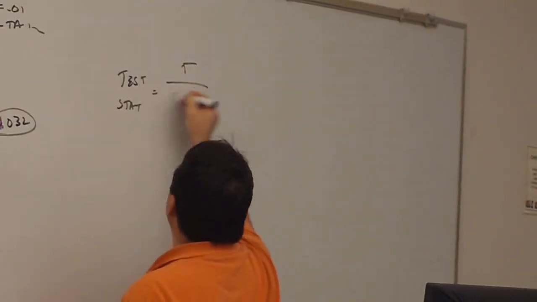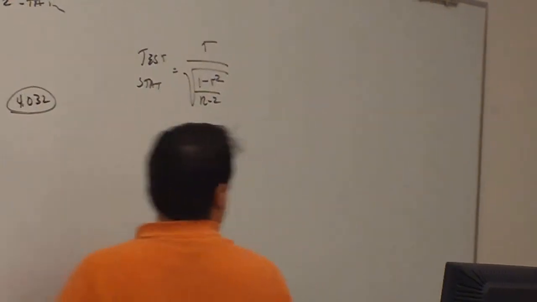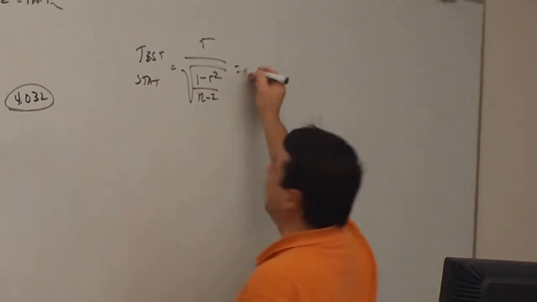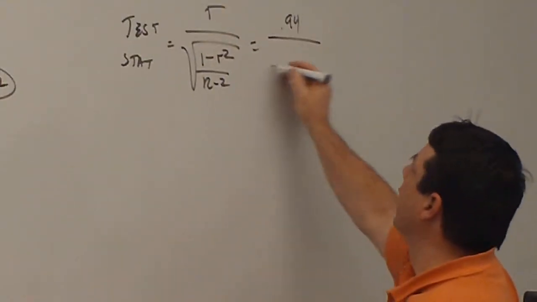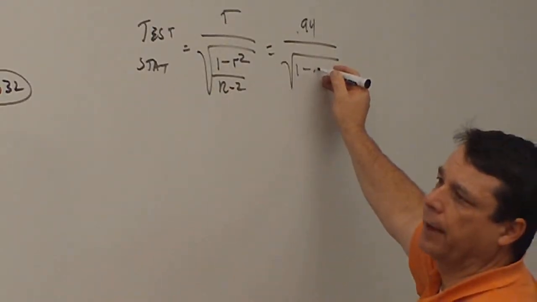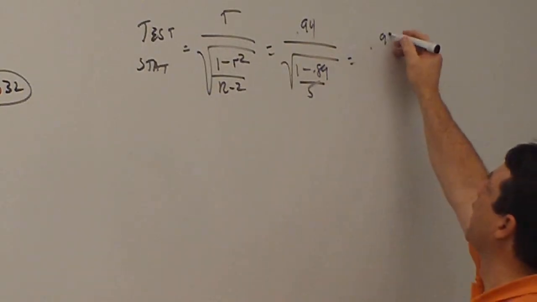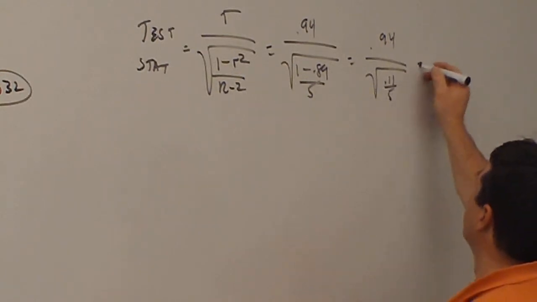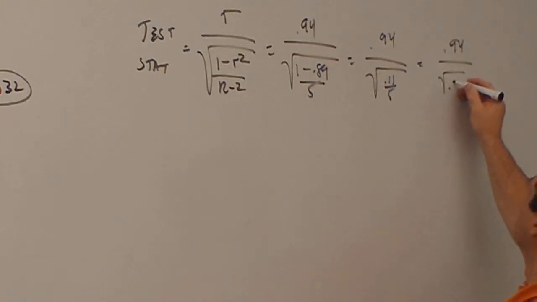It equals r over the square root of 1 minus r squared divided by n minus 2, right? So in this case, r is 0.94 divided by the square root of 1 minus 0.89 divided by 5. That's 0.94 divided by the square root of 0.11 over 5. 0.94 divided by the square root of 0.022.